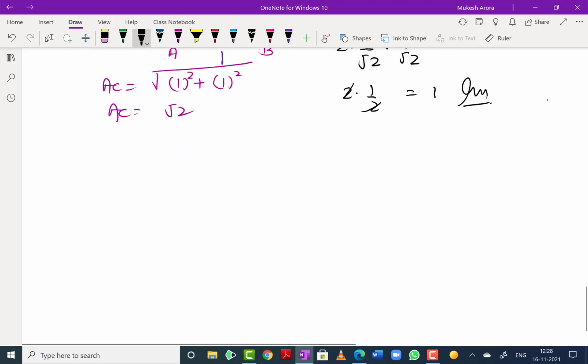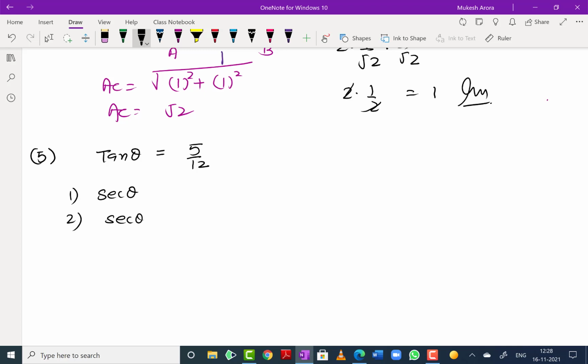So now the question number 5. Question number 5 is tangent theta is equal to 5 by 12. Find secant theta plus cosecant theta.